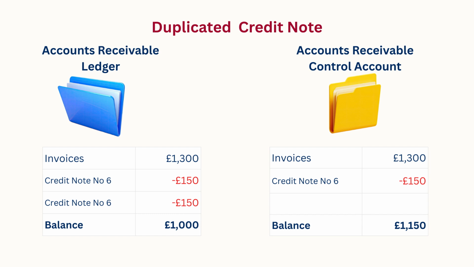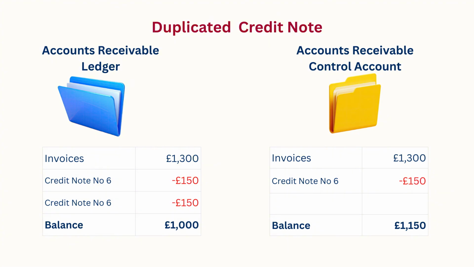Meanwhile, the Accounts Receivable Control Account shows the correct posting. The credit note is recorded only once, so the control account is reduced by £150. As a result, the balance in the ledger is £1,000, while the control account stands at £1,150. This is an example of a duplicate credit note error in the subsidiary ledger, where the credit has been posted more than once.